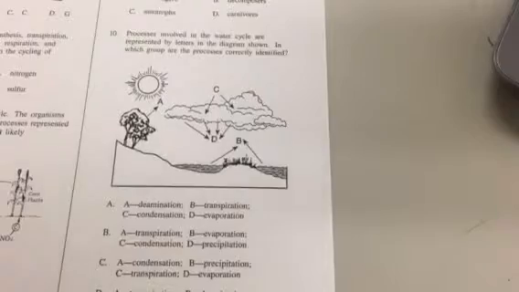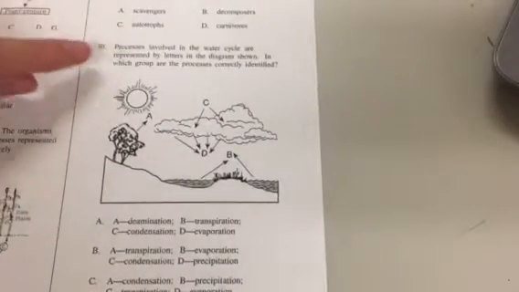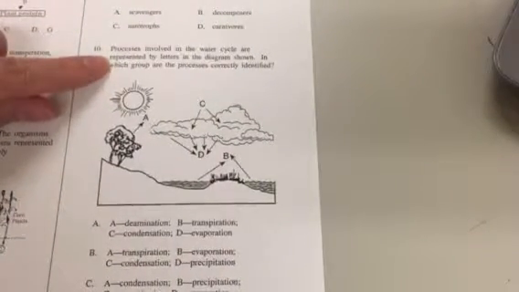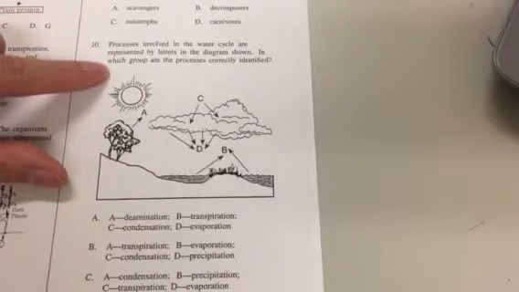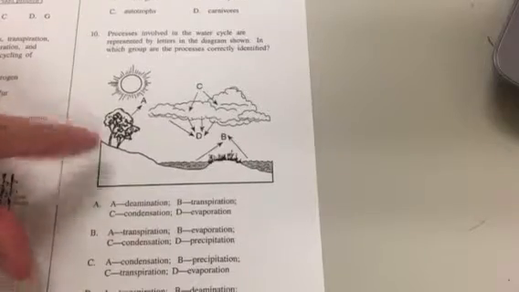All right, number 10 is the last question. Processes involved in the water cycle are represented by letters in the diagram shown. In which group are the processes correctly identified?